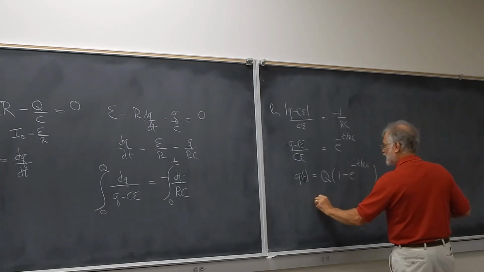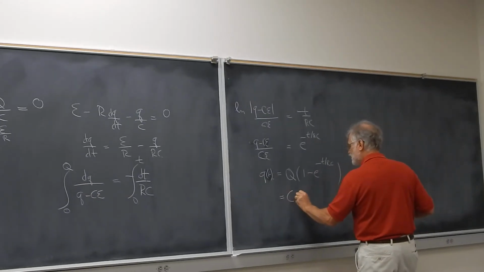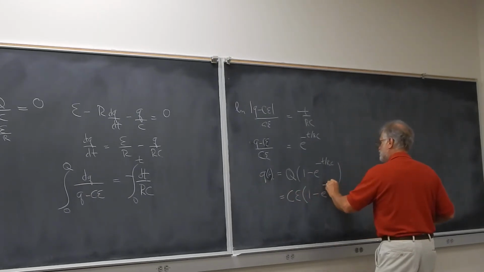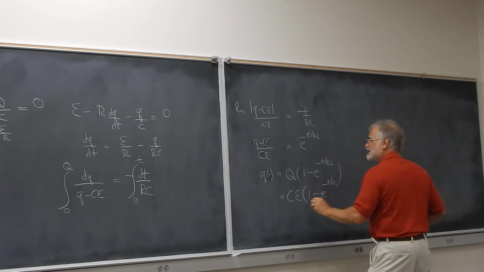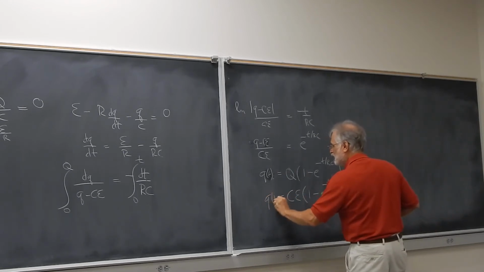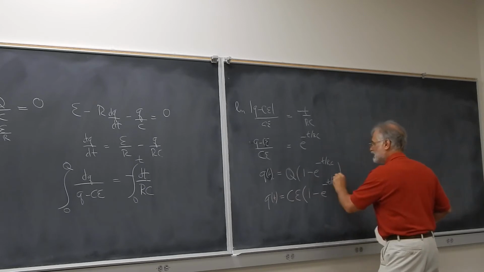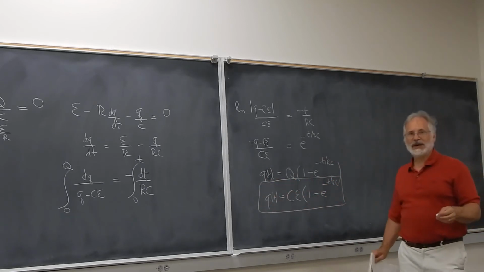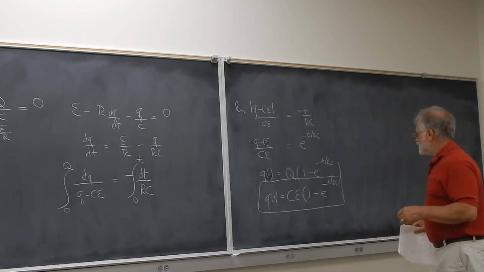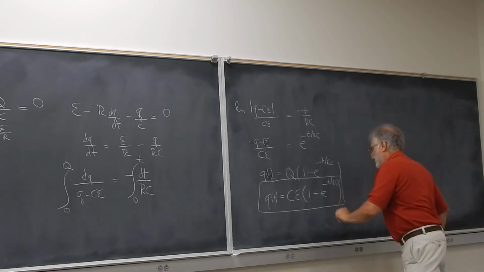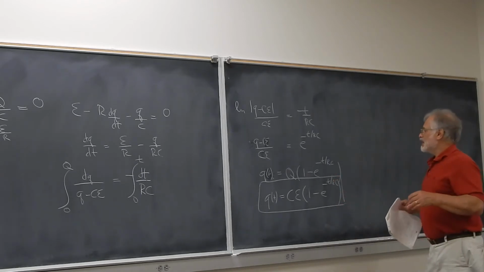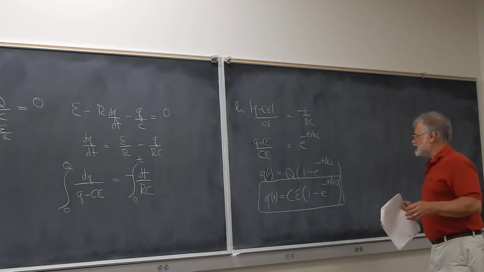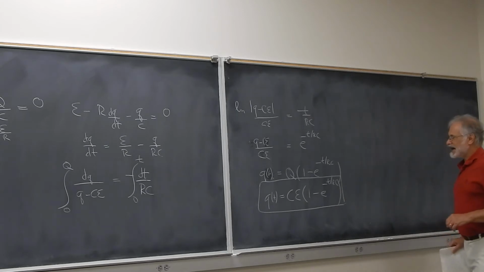And I can write that q will be, of course, when it's fully charged, C times E, times 1 minus e to the minus t over RC. This is the equation for the charge in a charging capacitor. So the capacitor has 0 charge to begin with, and now I'm charging it. I close the switch, and the charge on the capacitor increases with time in an exponential fashion.